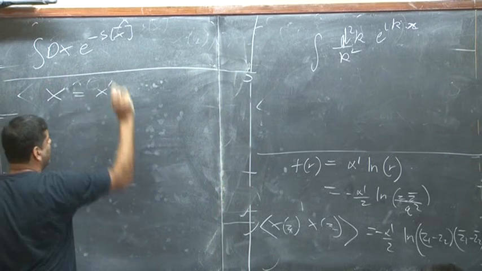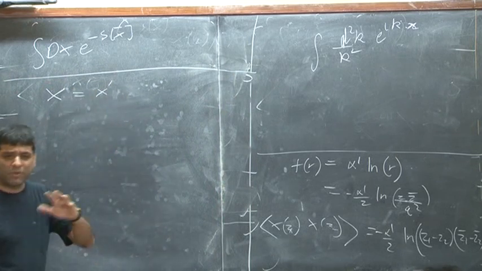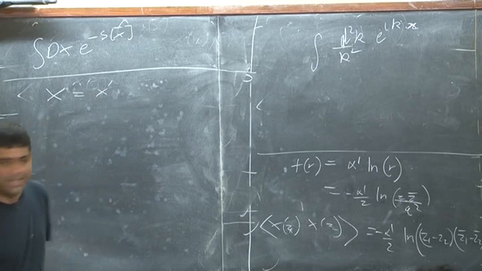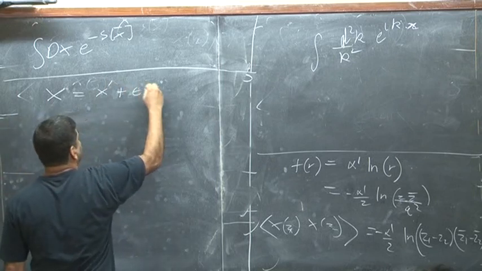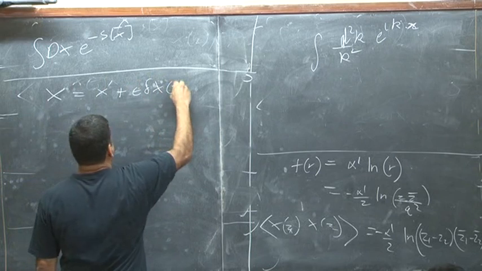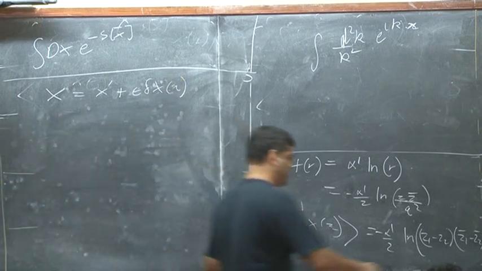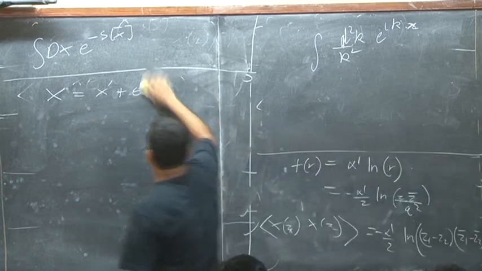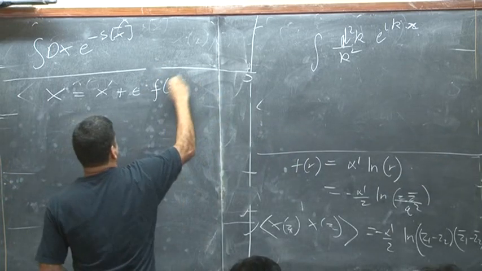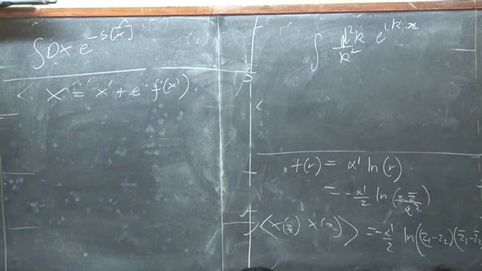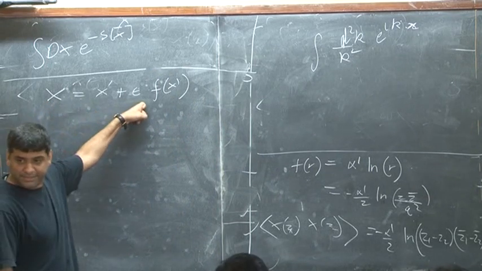I'm going to talk about continuous infinitesimal symmetry: x equals x prime plus epsilon times delta x, delta some function. Epsilon is a small parameter.